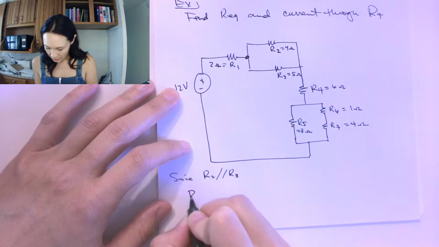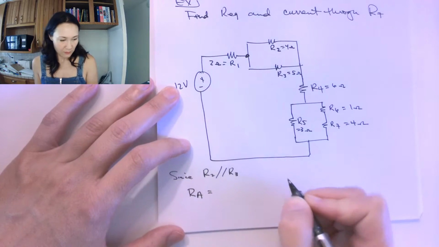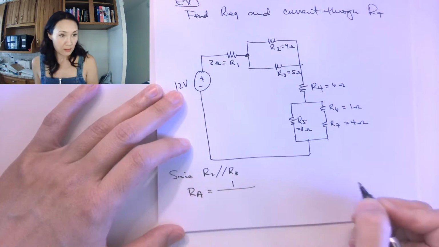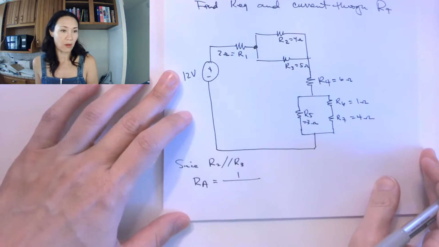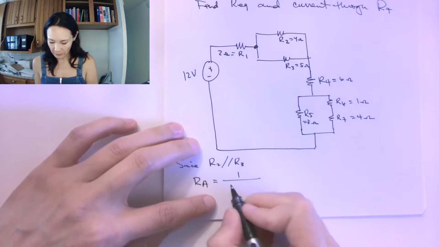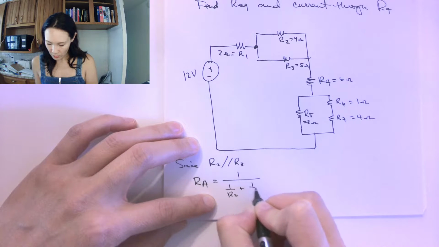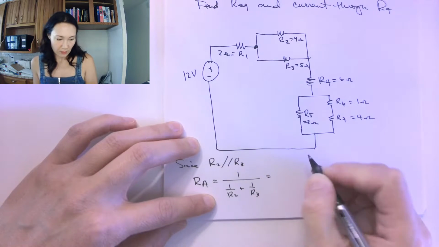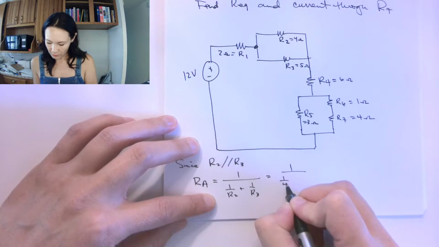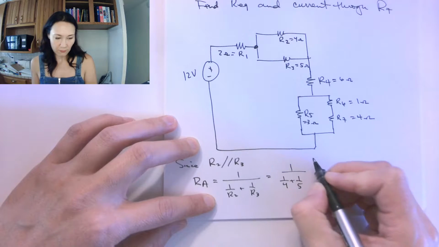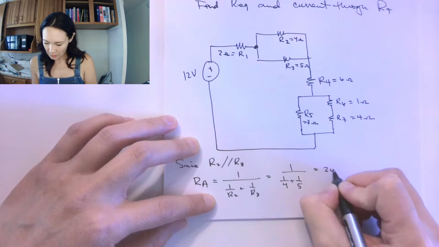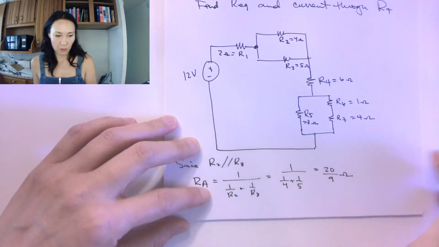I'll just call it RA, and to find that, I'm going to use my formula for equivalent resistance for resistors in parallel. So it'll be 1 over R2 plus 1 over R3, which gives me 1 over 4 plus 1 over 5. So this is going to be 20 over 9 ohms.